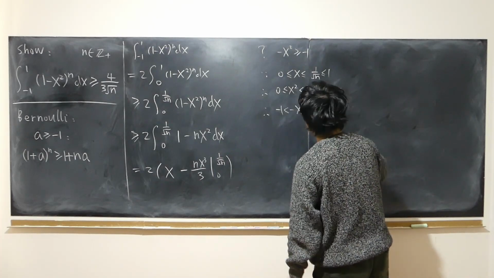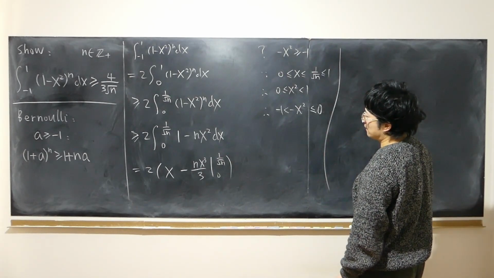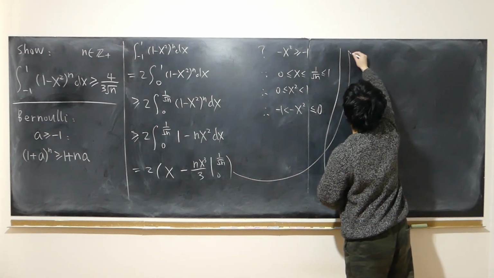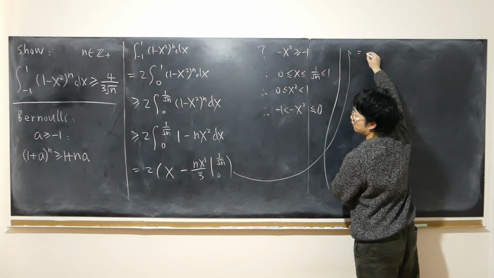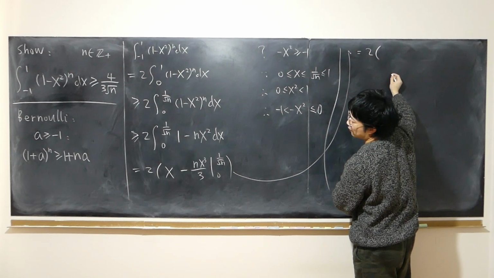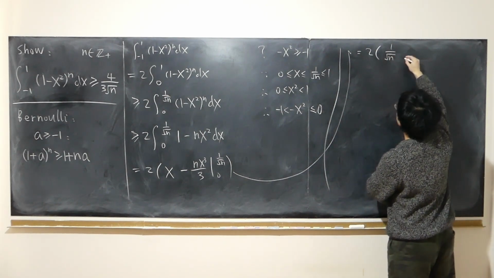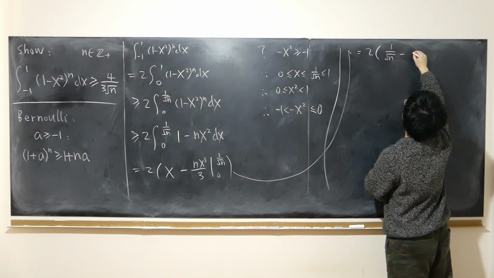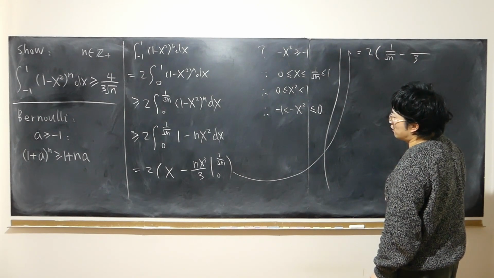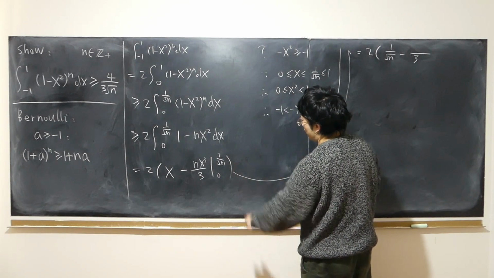This time it's going to be equal to twice of x becomes 1 over square root of n, minus a third of x cubed, with x being 1 over square root of n cubed.